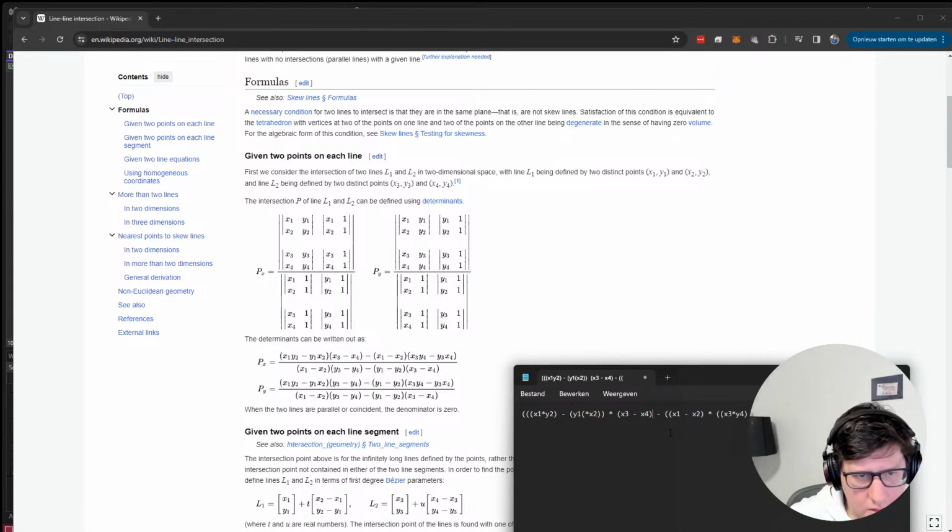All the wrappings divided by x1 minus x2 times y3 minus y4, and this one minus, and this is just one side, Jesus, y1 minus y2 times x3 minus x4.